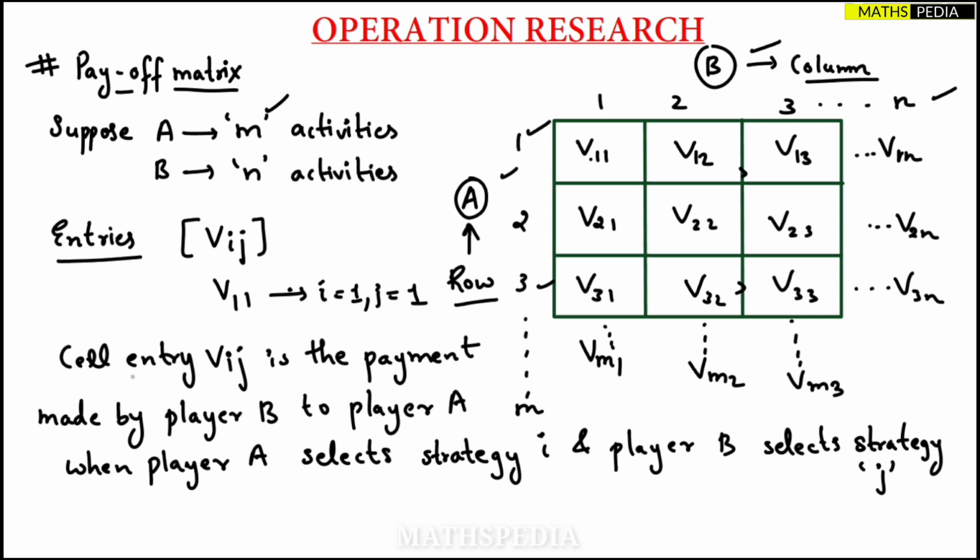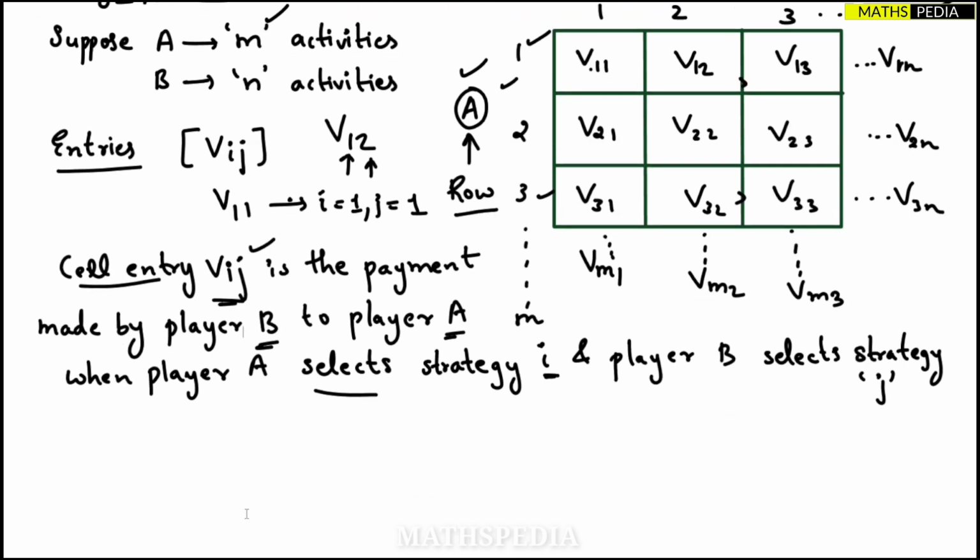Now here we have to understand one concept, that the cell entry Vij is nothing but the payment made by player B to player A when player A selects strategy i. If I write v12, the first index is related to player A and the second one is related to player B. That's why, if it is Vij, the first one is i, which is related to player A, and the second one is player B, that is strategy j. Okay, I hope you understood this thing.